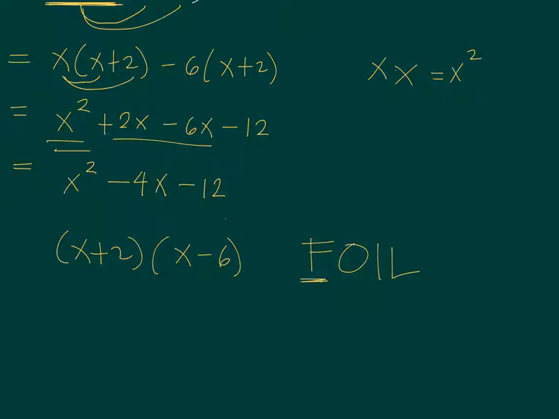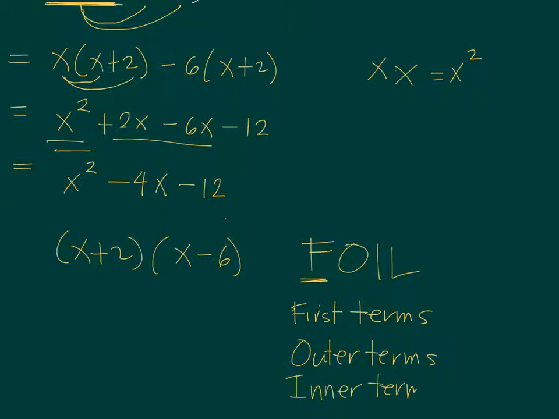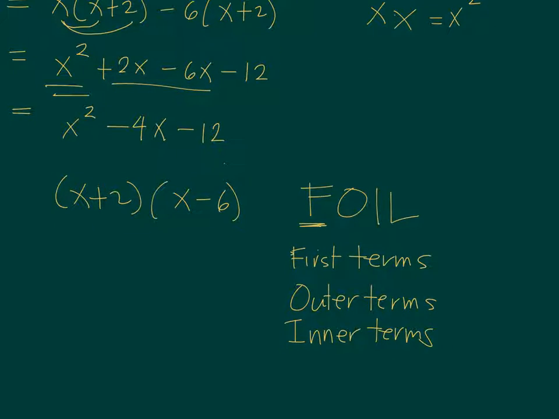The F stands for the first terms. The O means the outer terms. The I is for the inner terms. And L is for the last terms.